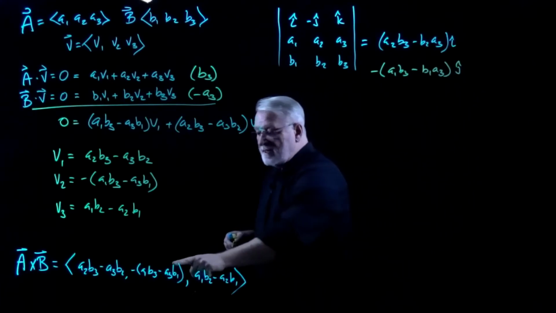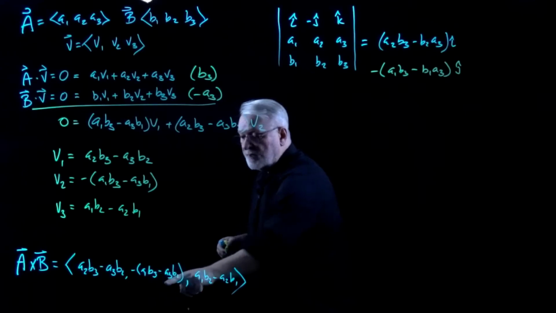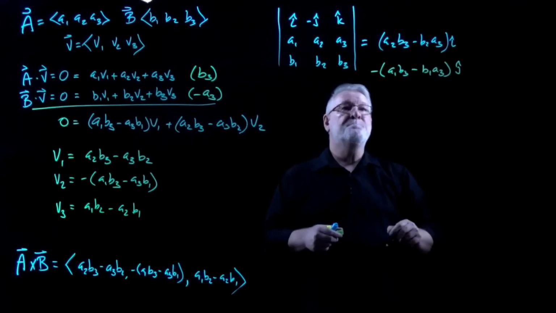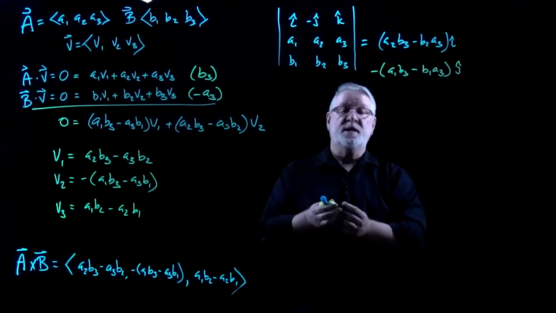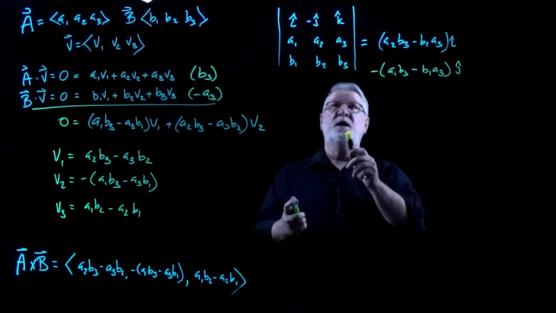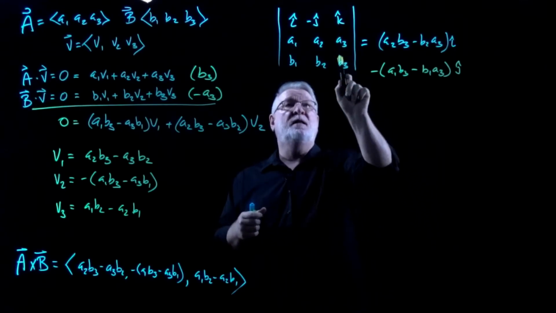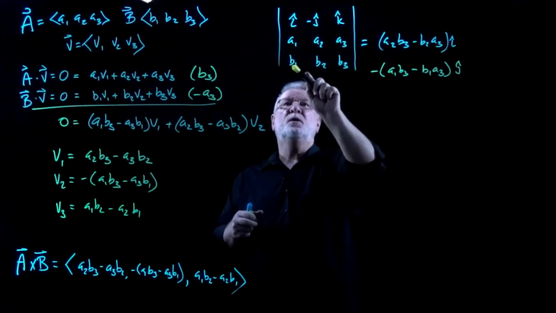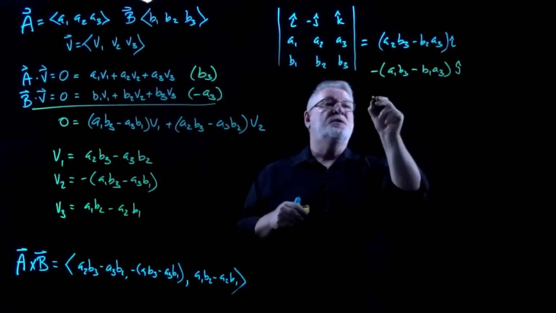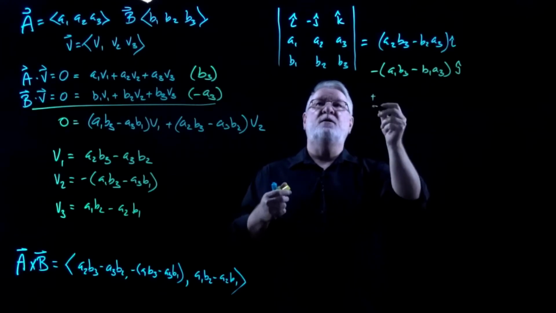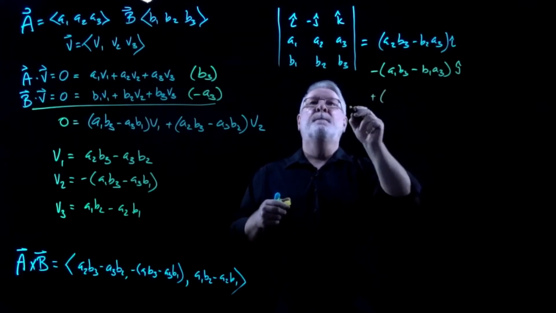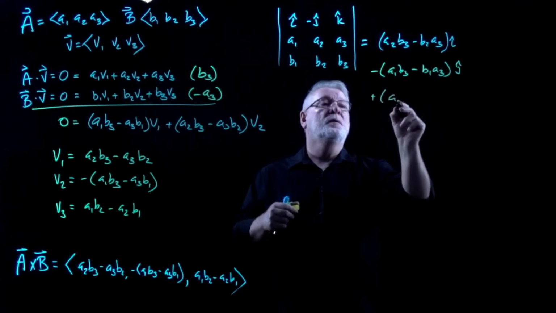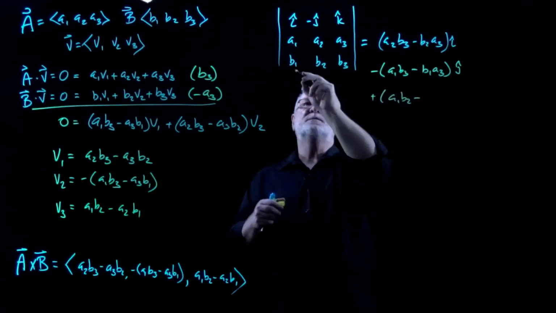And you'll notice that's exactly what this term is, A1, B3, B1, A3. And then finally we do the same thing for the third column. We block out the k column and the row, and what remains is A1, B2 and B1, A2. So this will be plus, and then the final term is A1, B2 minus B1, A2.